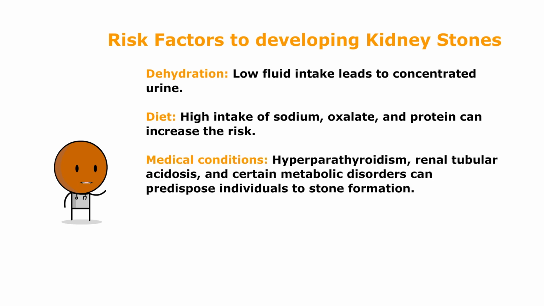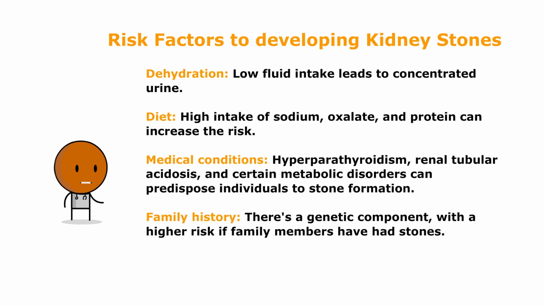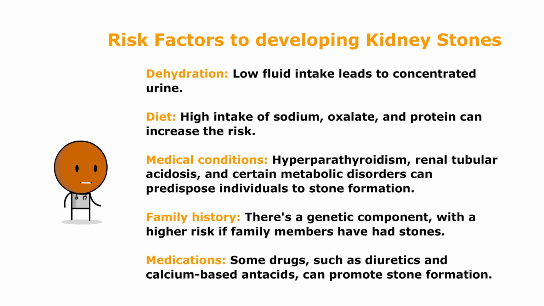Medical conditions such as hyperparathyroidism, renal tubular acidosis, and certain metabolic disorders can predispose individuals to stone formation. Family history: there is a genetic component with a higher risk if family members have had stones. Medications: some drugs such as diuretics and calcium-based antacids can promote stone formation.